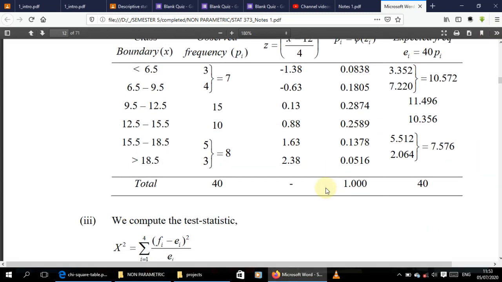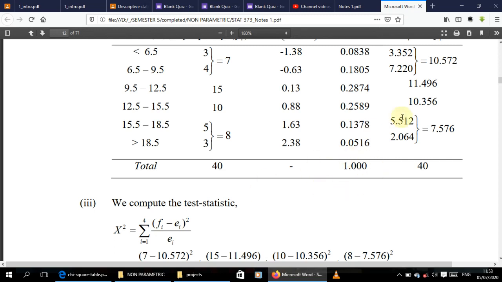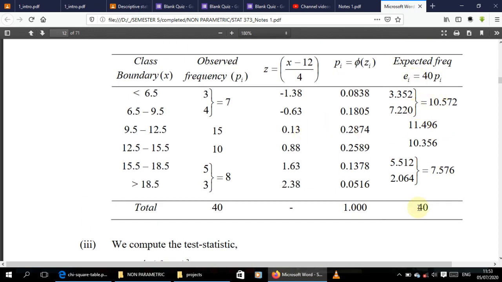So you go through this, and then you work things out. When you get all the probabilities, remember you have to find your expected frequencies by multiplying 40 by all the pis, and then you remember the rule of 5. So this is less than 5, so you add it to this to get 10.573.